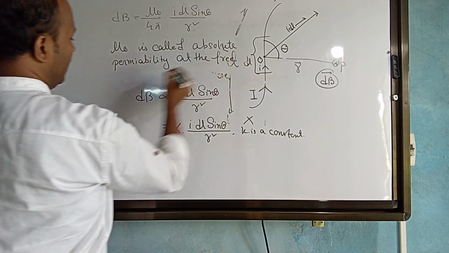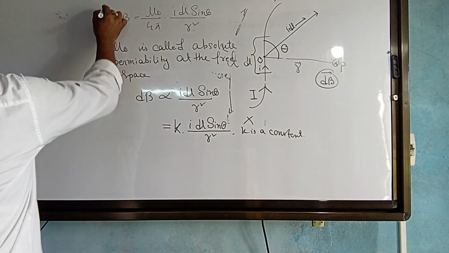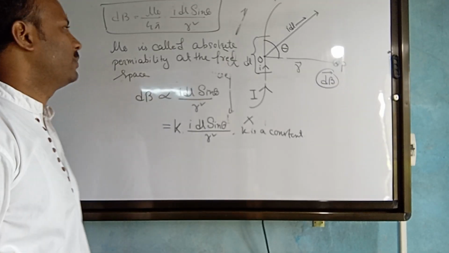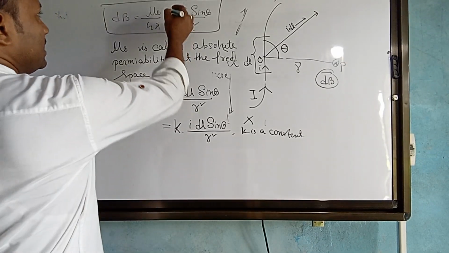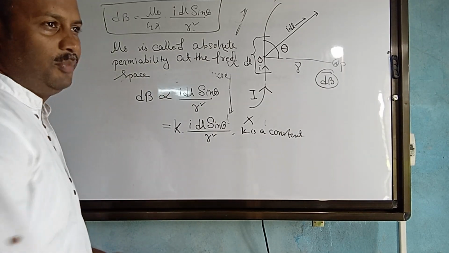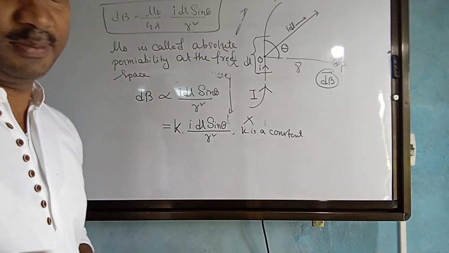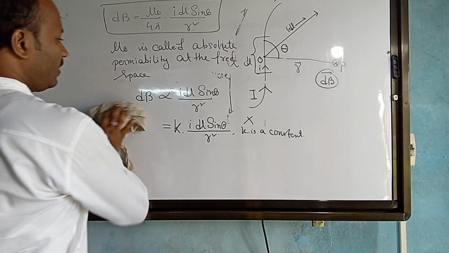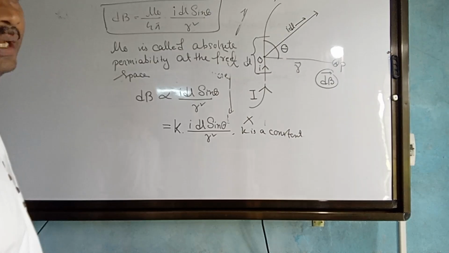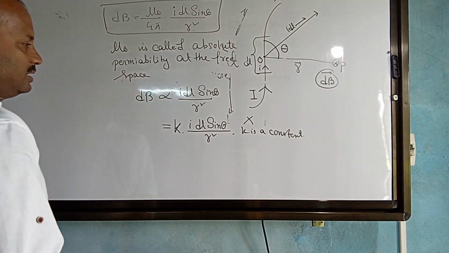So one formula has come: dB is mu naught by 4 pi I dl sin theta divided by r square. The value of mu naught by 4 pi is 10 to the power minus 7. Write down this.